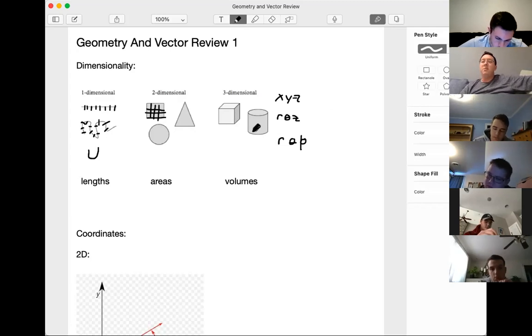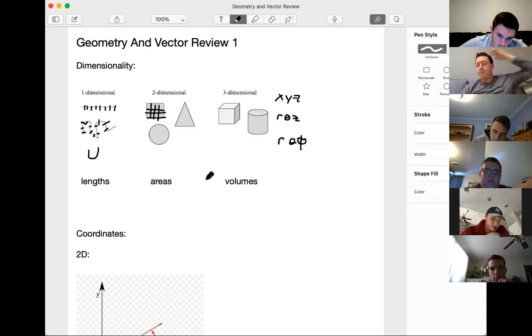It won't be confusing because, to be honest, you look at the shape and you see, does it look like a cylinder? Use cylindrical. Does it look like a sphere? Use spherical. So you interpret it as appropriate. But that's how I will do it, because I don't want you to use rho and confuse it with charge density.